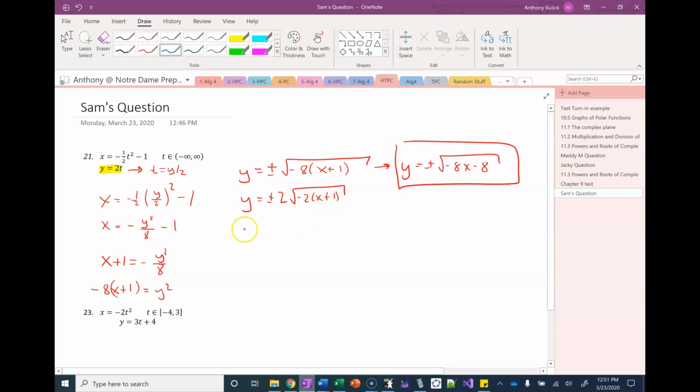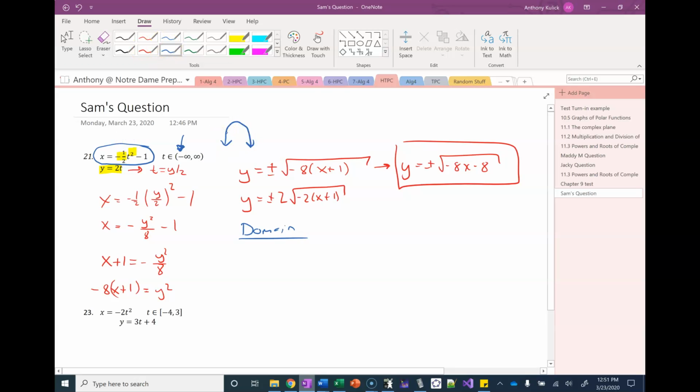Okay, the next thing we want to do is look at the domain. So looking at the domain, I'm going to be looking at the x's, and then using this interval for t. x is a quadratic function, I can tell because the t is squared, and this quadratic function is opening down.